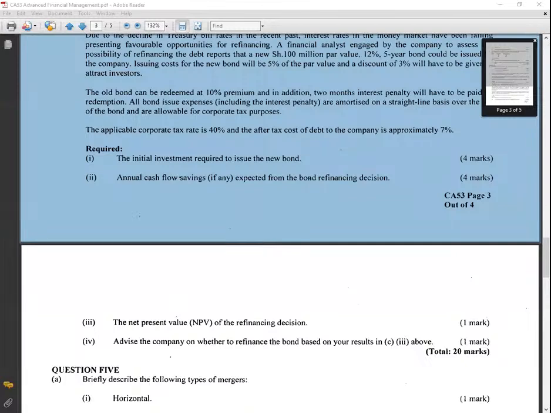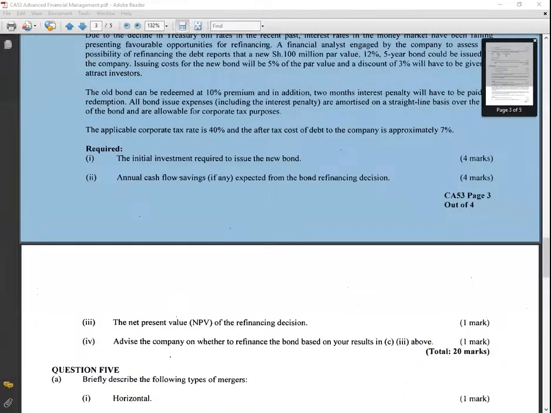Easier said than done. Can you kindly compute those items you've told me? We have 4 items. Whenever it comes to initial investment, we have 4 items, and we need to be capturing them using the mnemonic CODI.